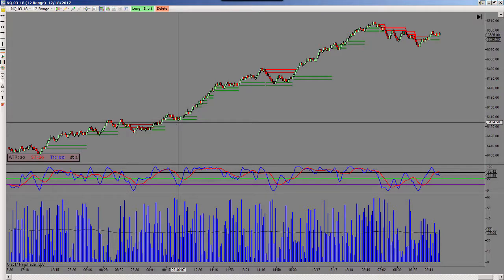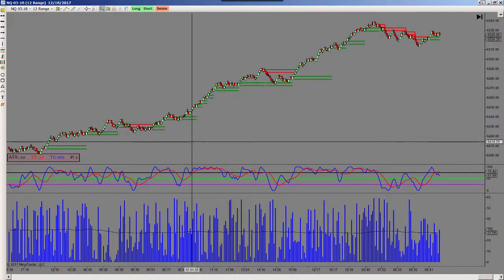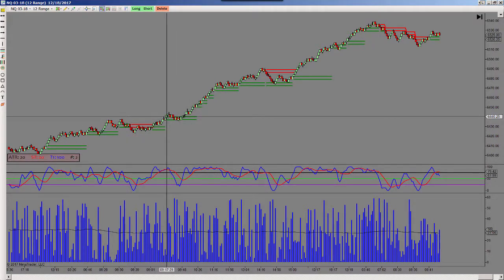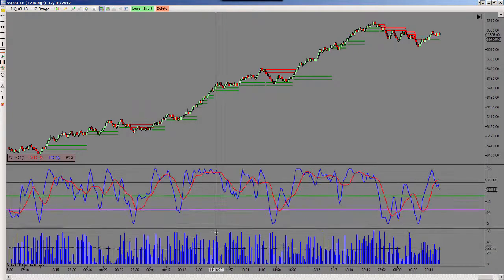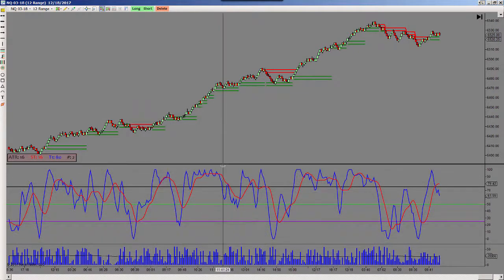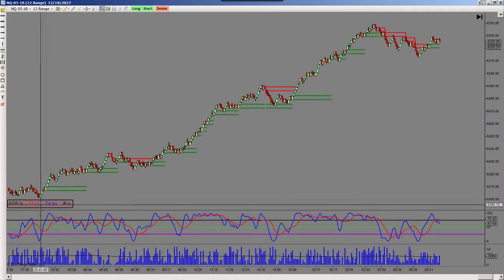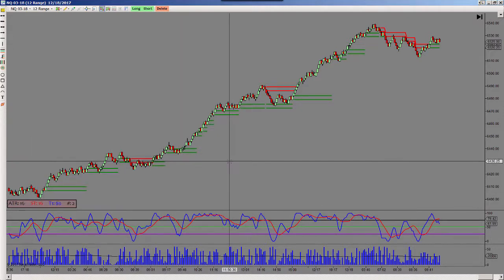The idea would be that the shorter time it takes to print, the more volume there is in the bar, right? And then the other thing that I have on here right now is an ATR. It's a 5-minute ATR with a 5-to-1 reward to risk ratio.